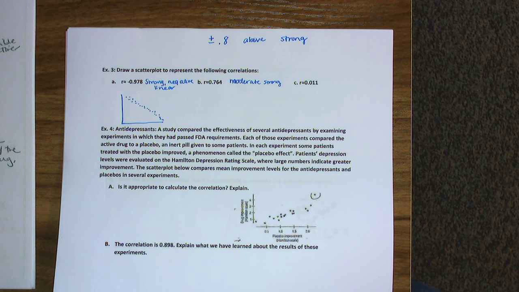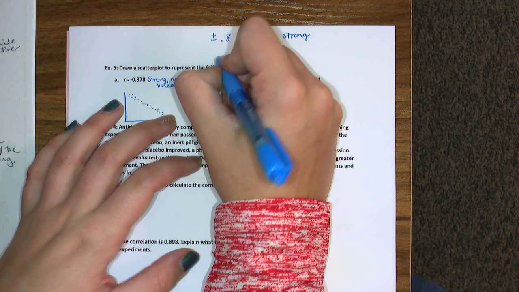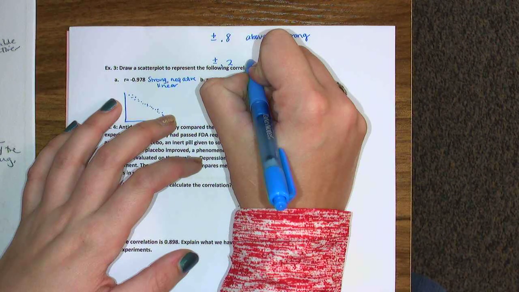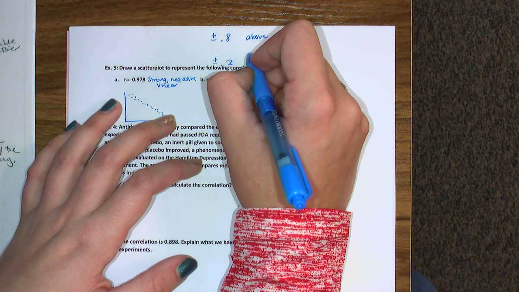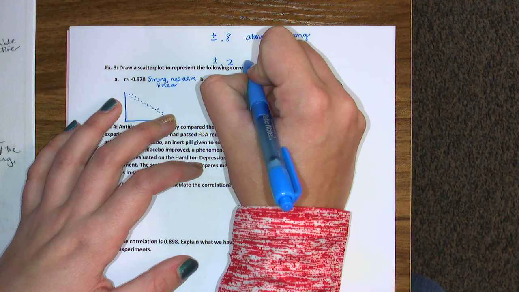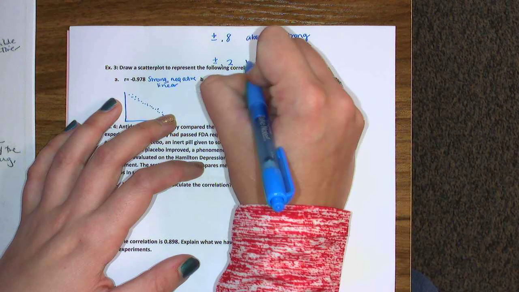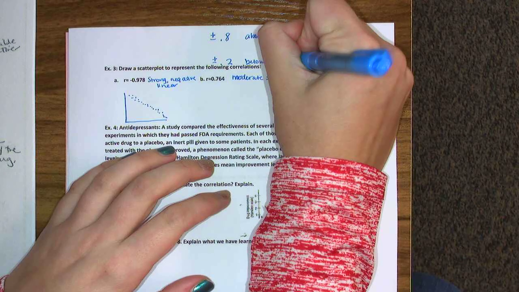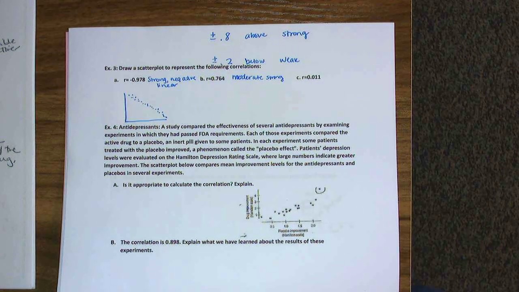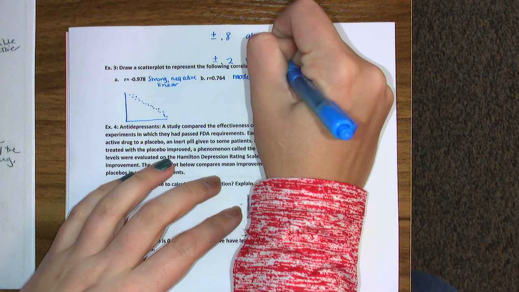I would say something like plus or minus 0.2 or below, meaning from negative 0.2 to 0.2, we could probably say is weak. Anything in between is moderate.